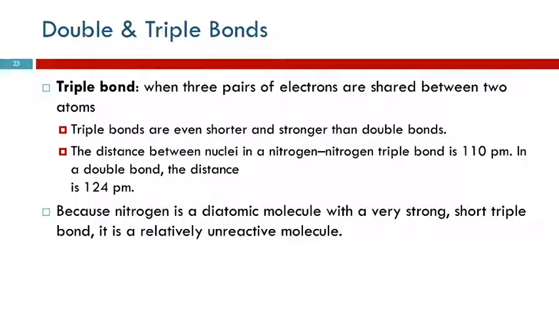So the more electrons that get shared, the closer those atoms are together, and they are more tightly bonded together. So that triple bond between the 2 nitrogen atoms makes nitrogen a very stable molecule. Nitrogen is more stable than hydrogen because it's got that triple bond holding it to another nitrogen atom.